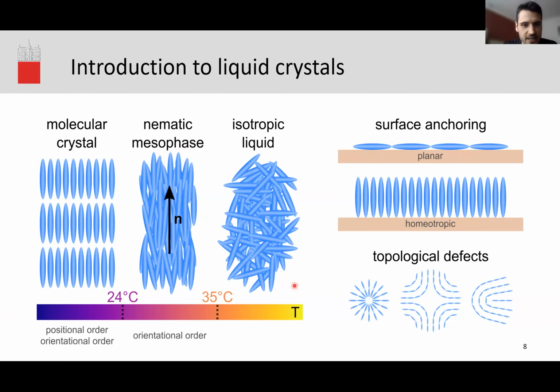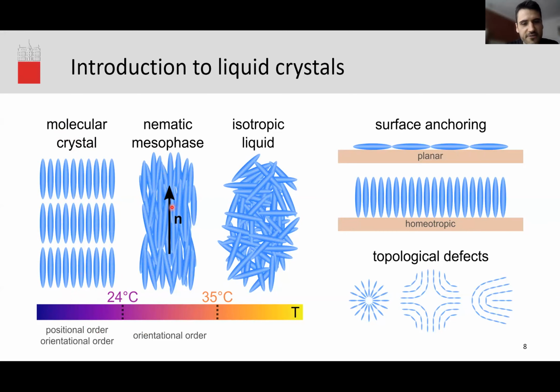And here we have a conventional schematic of a 5CB liquid crystal that has these elongated molecules, and it actually has two phase transitions due to the temperature. The first one occurs at about 24 degrees, and it goes from a molecular crystal, so from a solid, to a nematic mesophase.